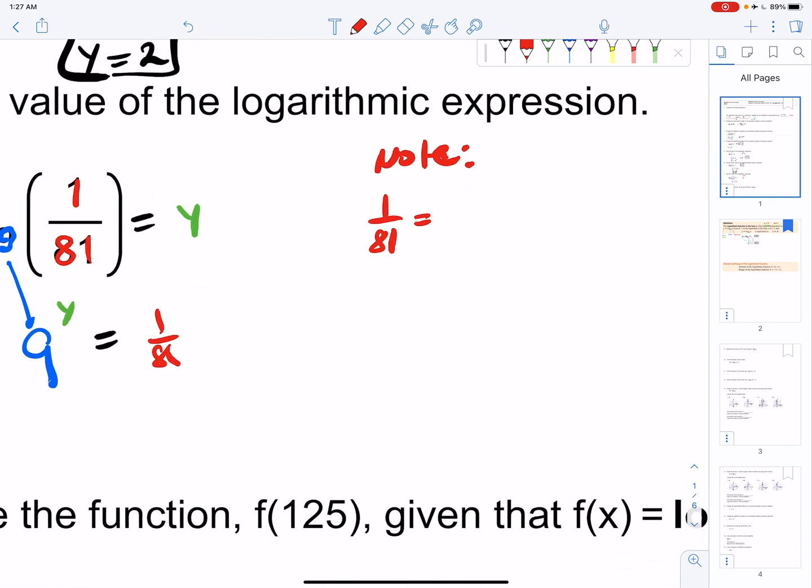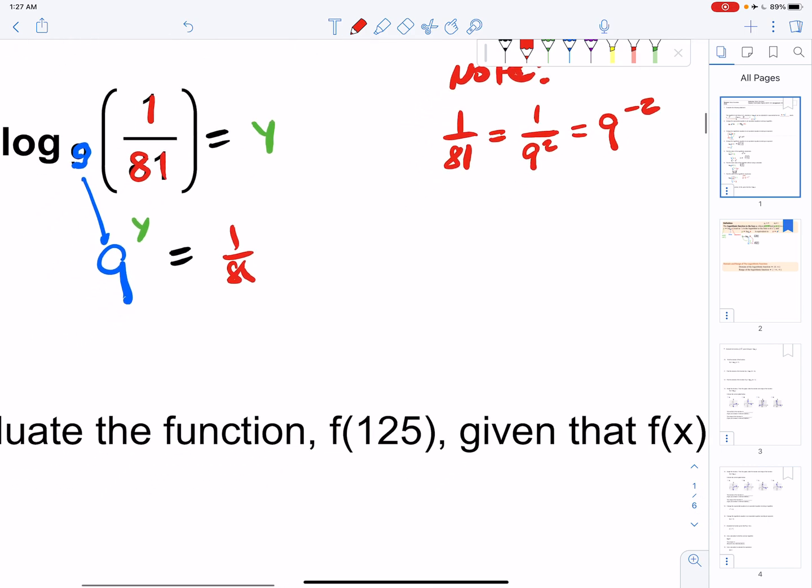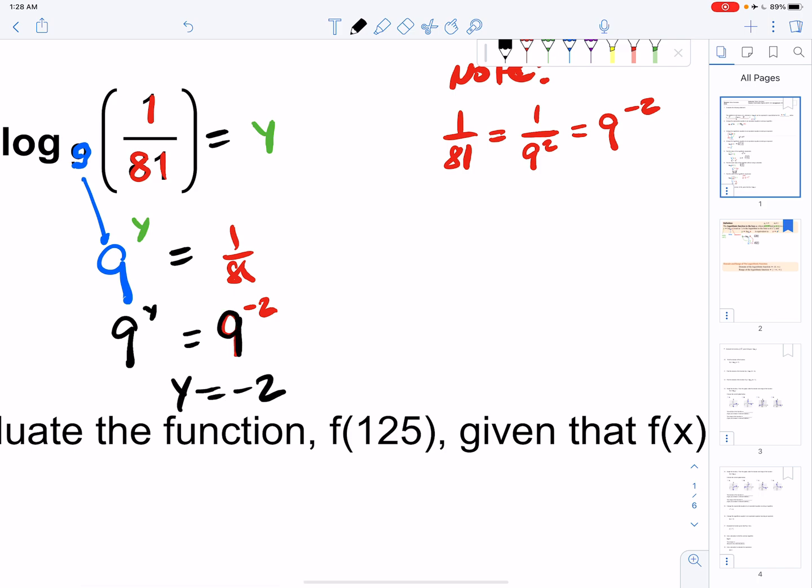So note that 1 over 81 is the same thing as 1 over 9 squared, isn't it? Which is actually equal to 9 to the negative second. So we would prefer to write this as 9 to the negative second. And now you can see the left is 9 to the y. And when the bases are the same, then those exponents are equal.